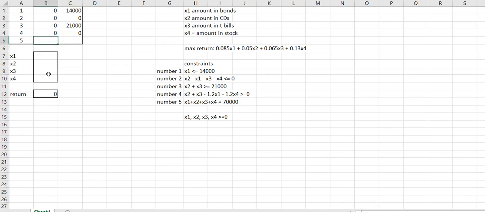And the last one is the 4 of them added together, so equals X1 plus X2 plus X3 plus X4. That needs to be equal to 70,000.